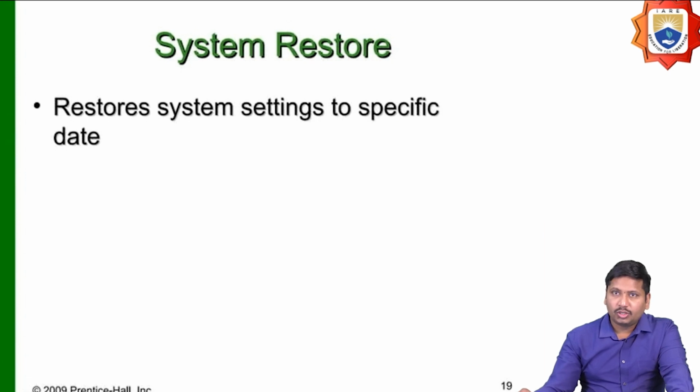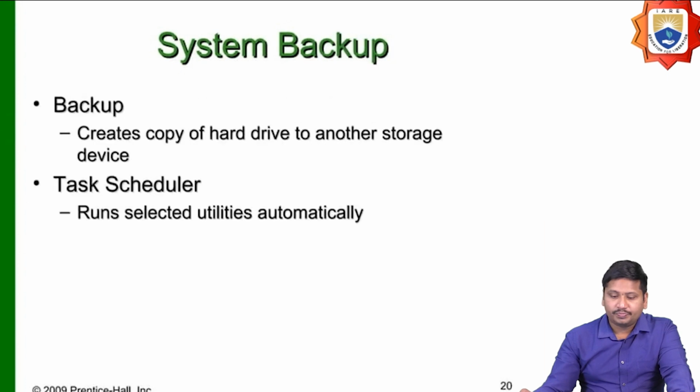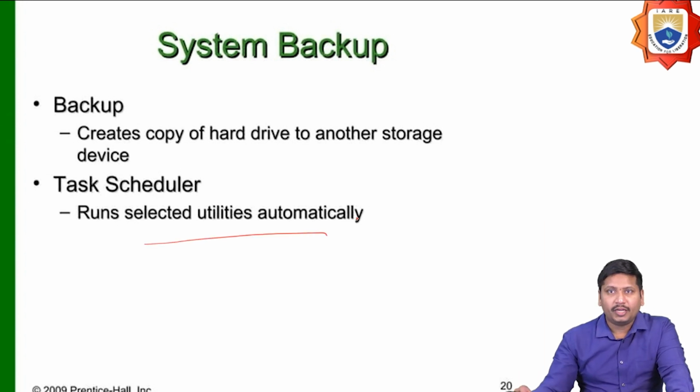System restore is also available, where you can restore the system settings to a specific date, or restore a file that is available in the operating system. System backup is also available, which can create a copy of the hard drive to other storage, and task scheduler can run the selected utilities automatically.